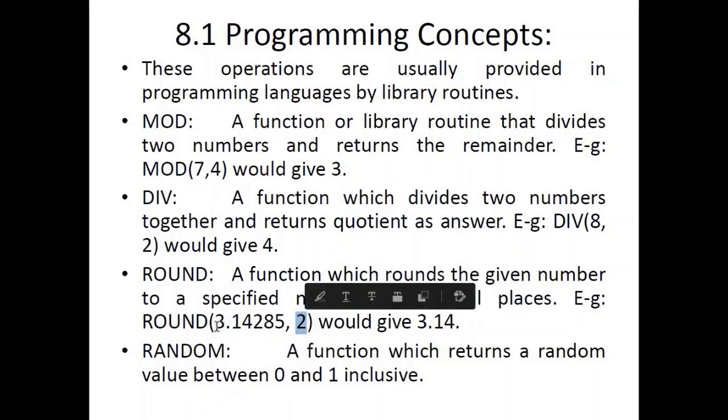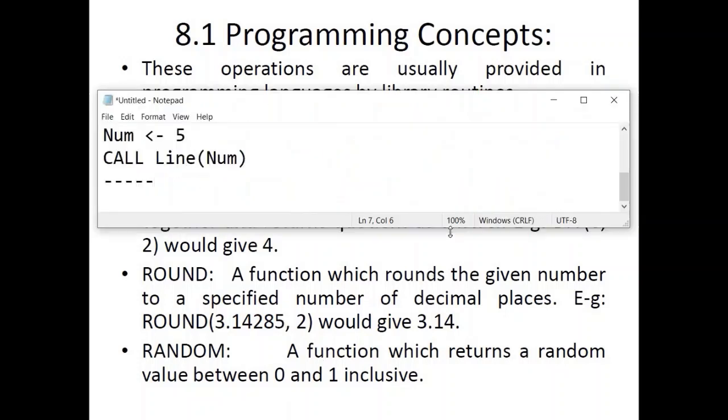If you write 0, then you are only going to get 3. If you write 5, then you are going to get 3.14285, the same as the answer, because it has 5 decimal places. If you write 6, then you are going to get an additional 0, because you want the program to return a number with 6 decimal places.